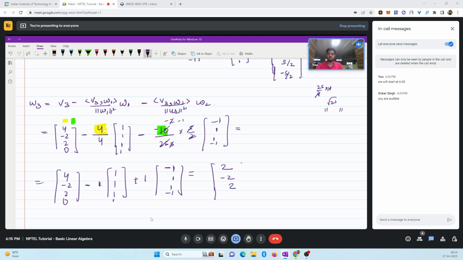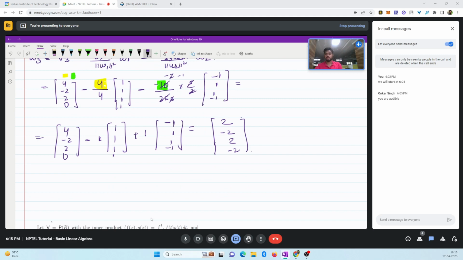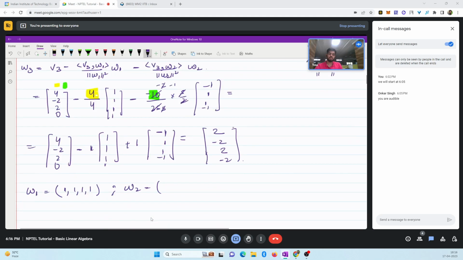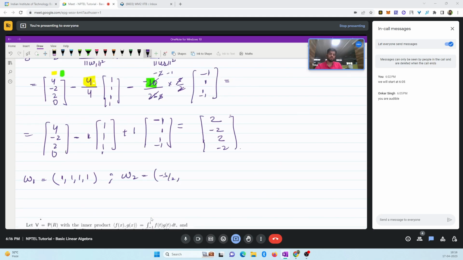And the last term is minus 1, this is minus 2. So what you have obtained is W1 as 1, 1, 1, 1, W2 as minus 5 by 2, 5 by 2, 5 by 2, and again minus 5 by 2, and W3 as 2, minus 2, 2, minus 2.